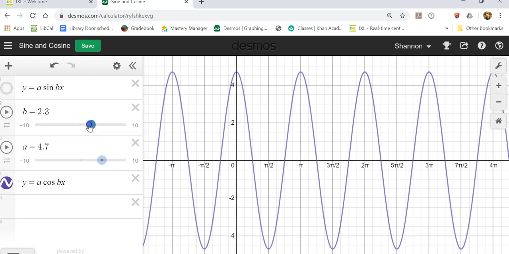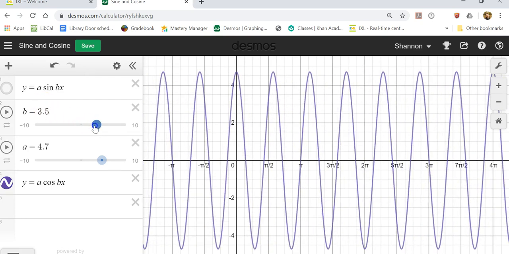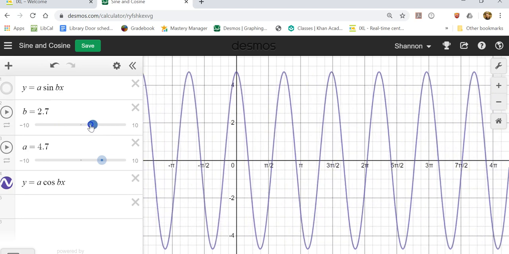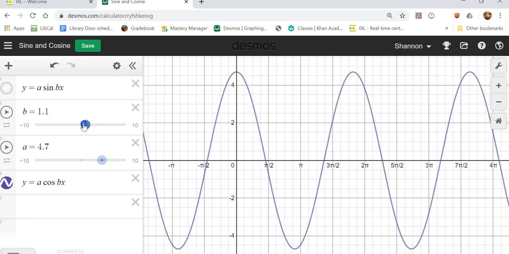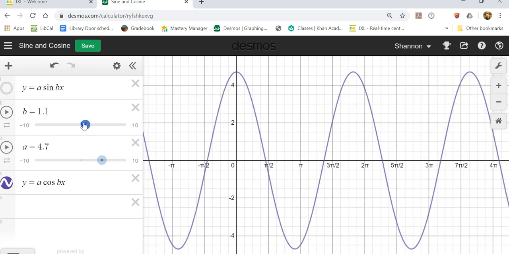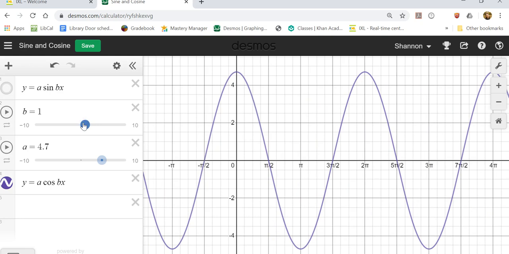So as I increase my b value, the graph smushes together horizontally. As I bring my b value back to 1, it gets back to regular at b equals 1. There we go. And there I am back at maximums for my starting value, okay, for cosine.